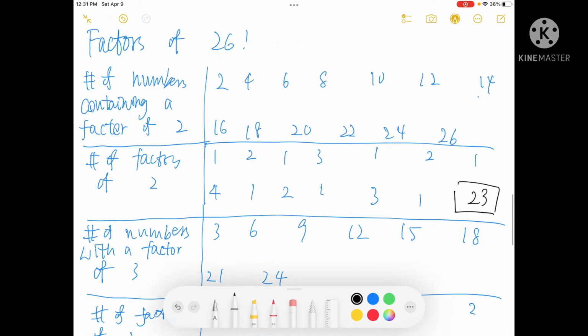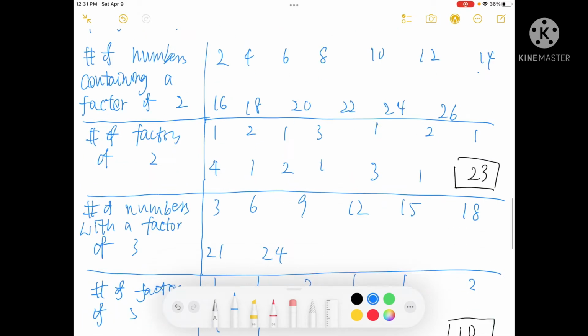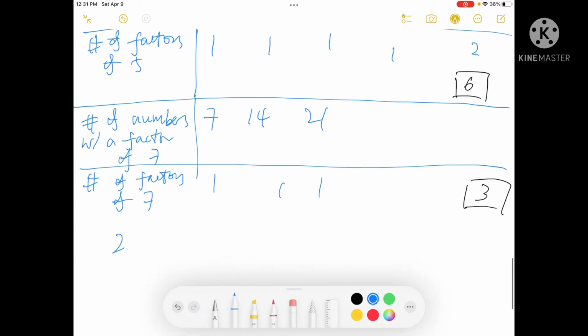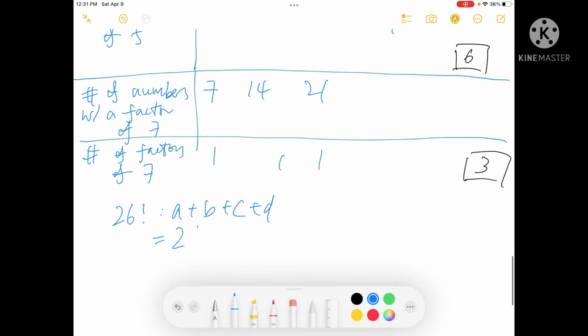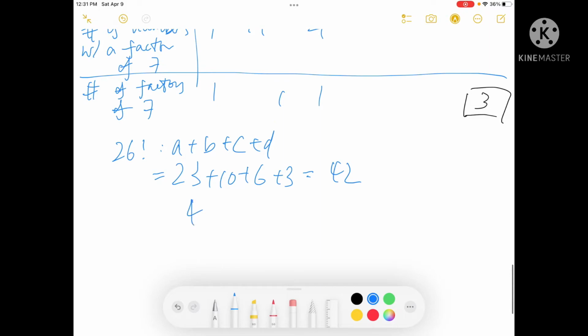For 26 factorial, a plus b plus c plus d is equal to 23 plus 10 plus 6 plus 3, which is equal to 42. So 42 is smaller than 45, so we know that n is not equal to 26.